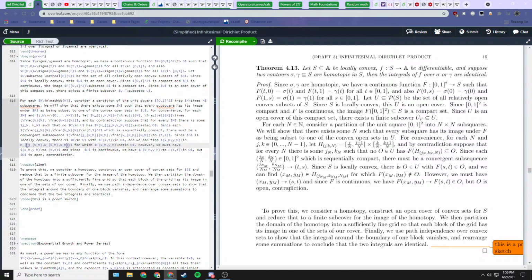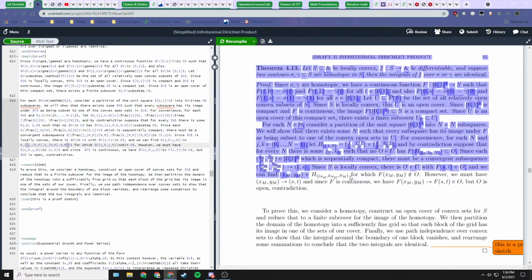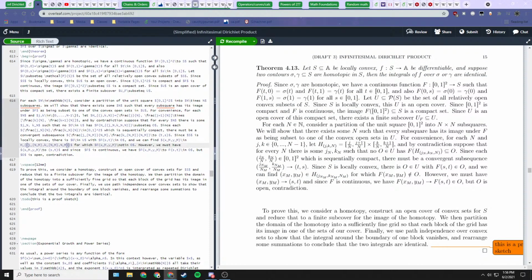But since all of these tiles are converging to this single point, since their corner point tends to this point, and their diameter tends to 0. These are just real tiles in R squared. So this subsequence in particular has to tend to this point.